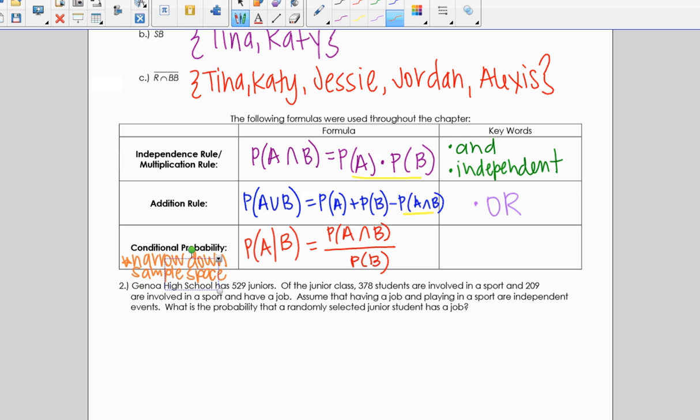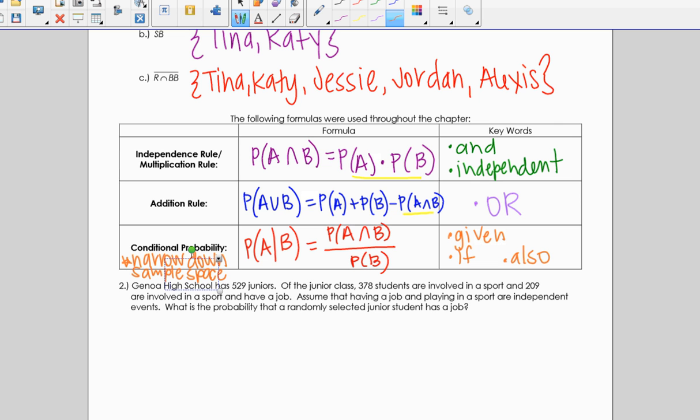Keywords there were 3 of them. Given was a big one. If was a big one. And also was a word as well. Okay. So I'm going to work through a couple problems here and talk about when to use what and just how they are applied in each different type of situation.